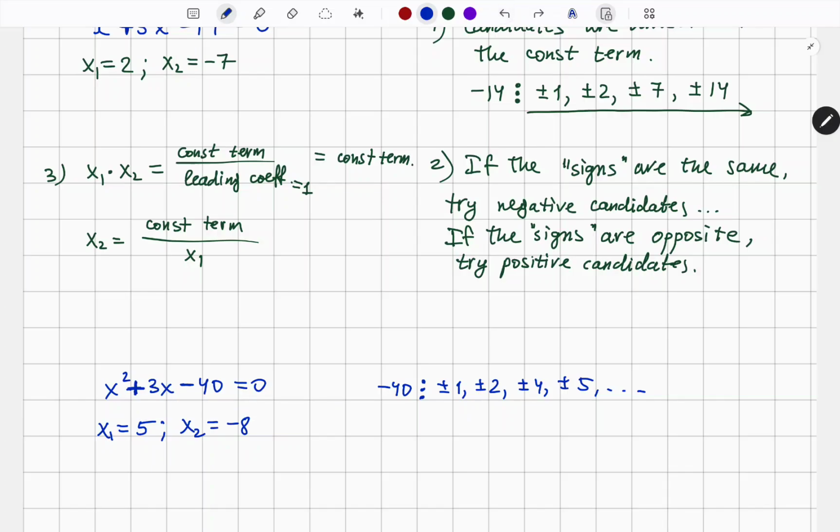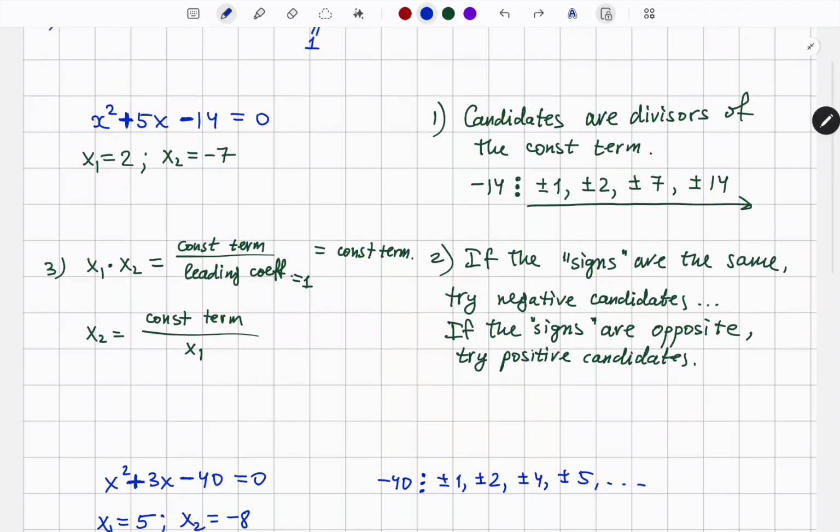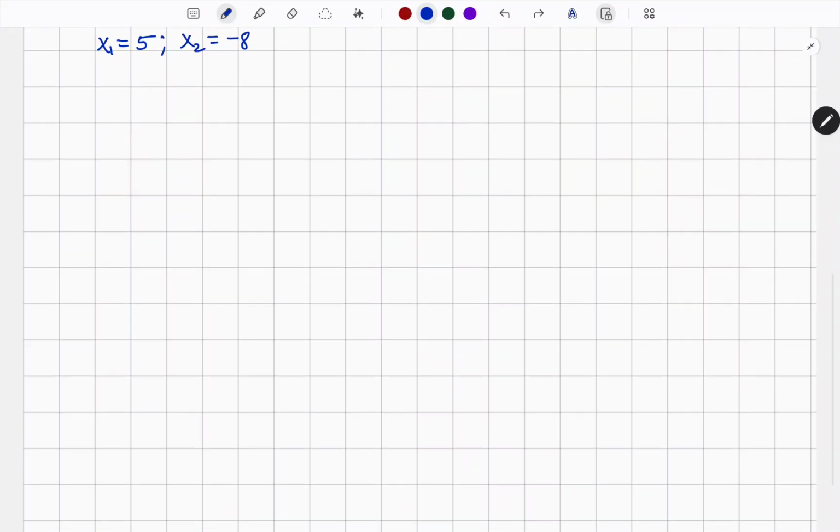So we consider the absolute values only. It means that fewer candidates should be tried. So it's genius, rule number 2. Okay, let's try one more.